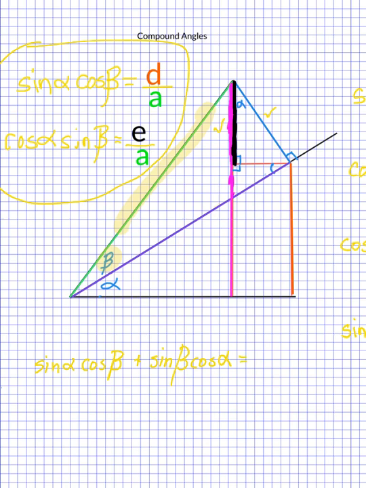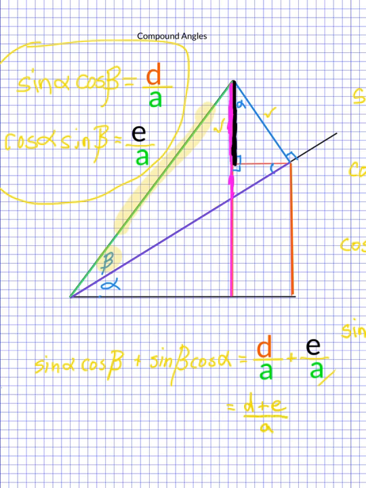And that is going to equal D over A plus E over A. Or we can just write that as D plus E over A.